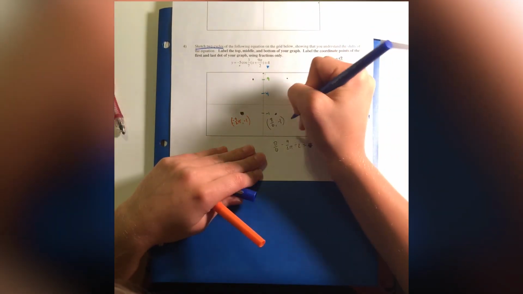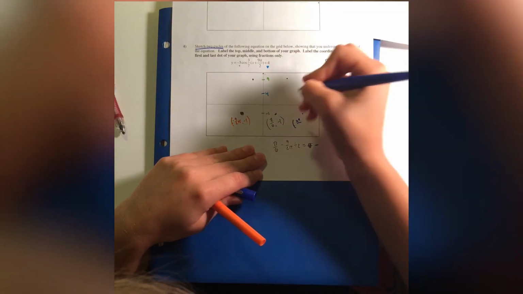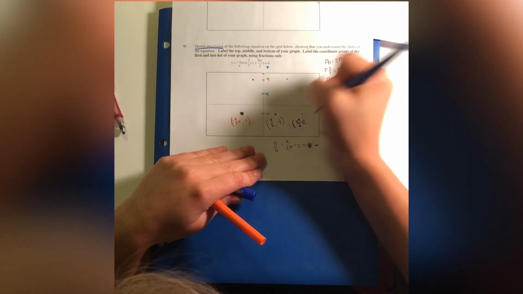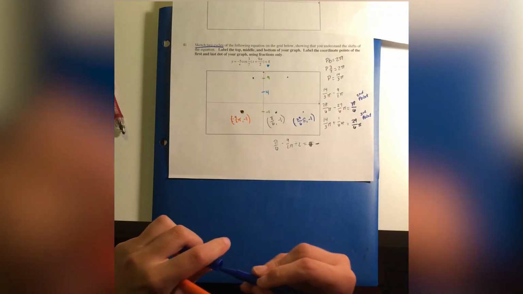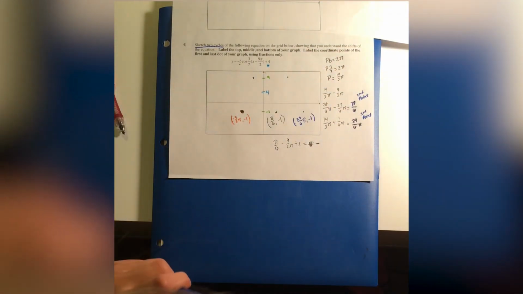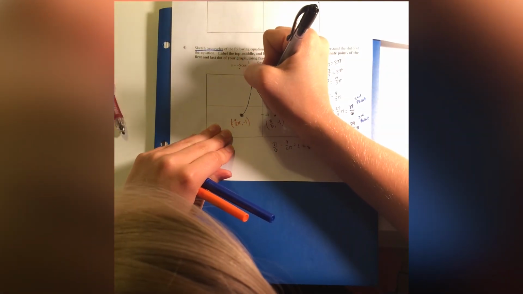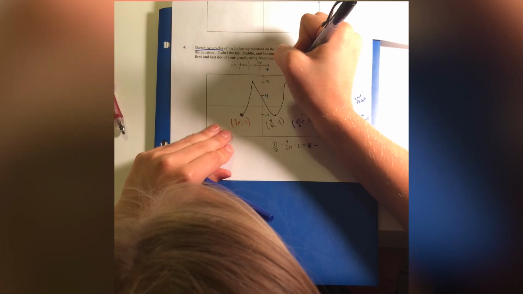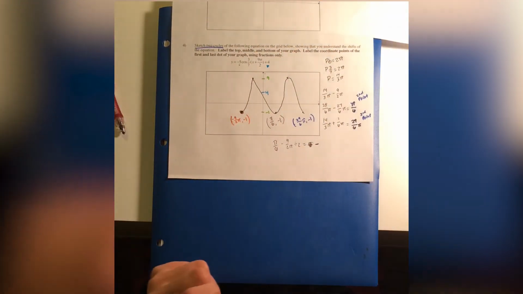And then we'll label our last point, which is what we're supposed to label, 29/6 pi, comma, -1. And that is how you do this problem. So we can finish it off. Sorry, not that pretty, but it'll look something like that.